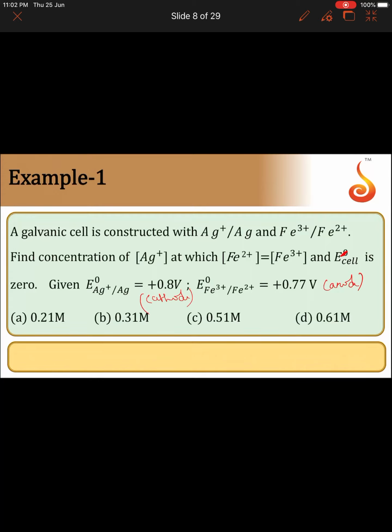Now the cell reactions are: anode reaction, at the anode oxidation takes place always, Fe2+ aqueous gives rise to Fe3+ aqueous plus 1 electron. And then the cathode reaction is Ag+ aqueous plus 1 electron gives rise to Ag solid.